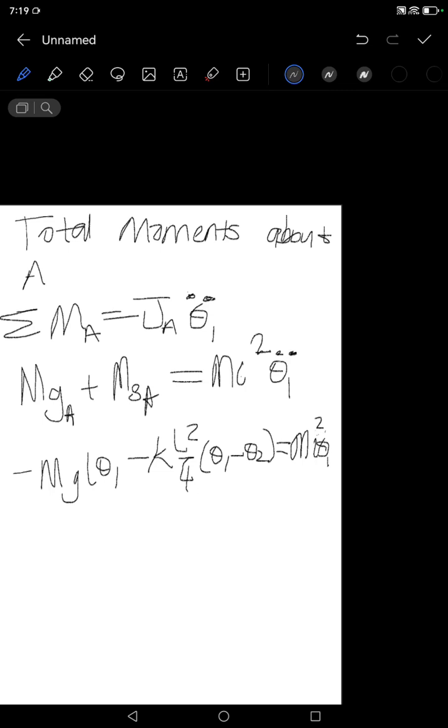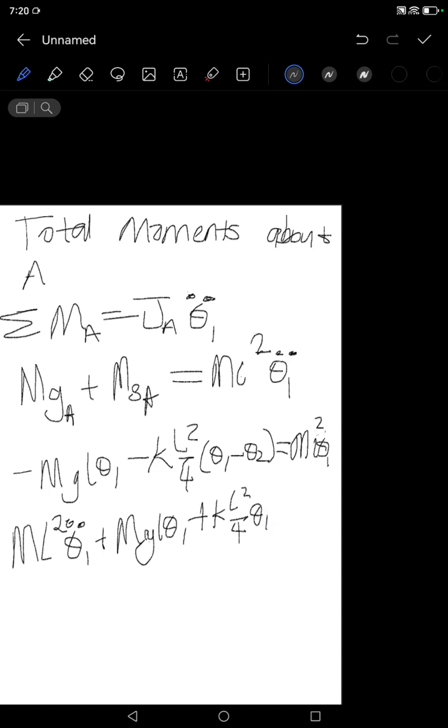And then from here we can take this moment to the right, so we're going to have ml squared theta 1 dot dot plus mgl theta 1. Here we can multiply this kl squared over 4 by theta 1, we get a negative, and if we take it to the other side it's going to be a positive kl squared over 4 theta 1.